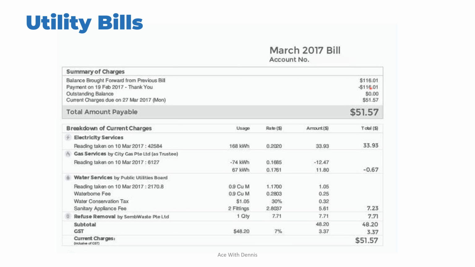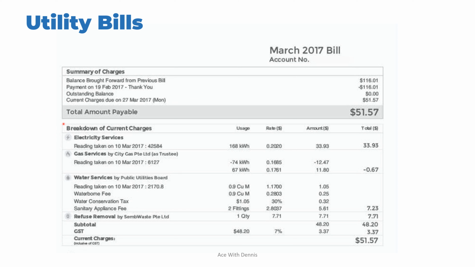In this case, we paid the full amount, hence the outstanding balance is 0. The next line shows the current charges for this month, March 2017, and the due date is 27 March. So the total is $51.57.